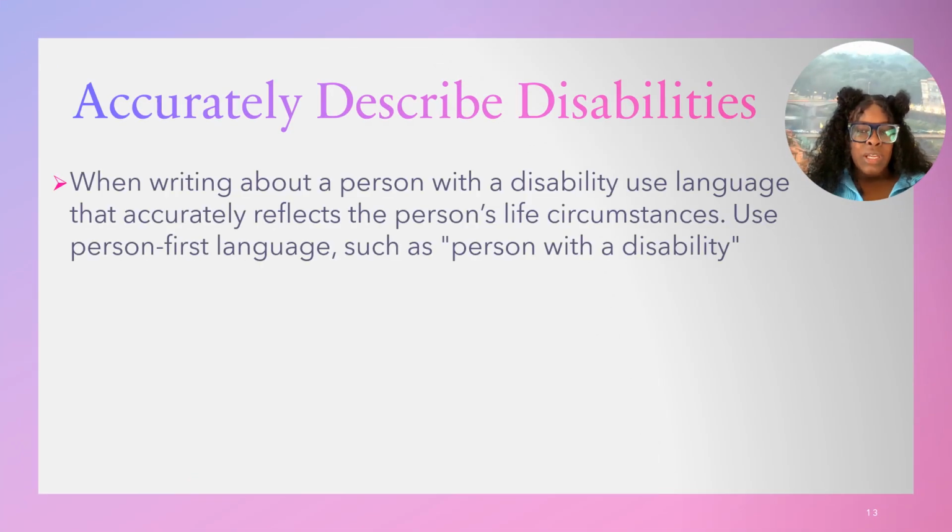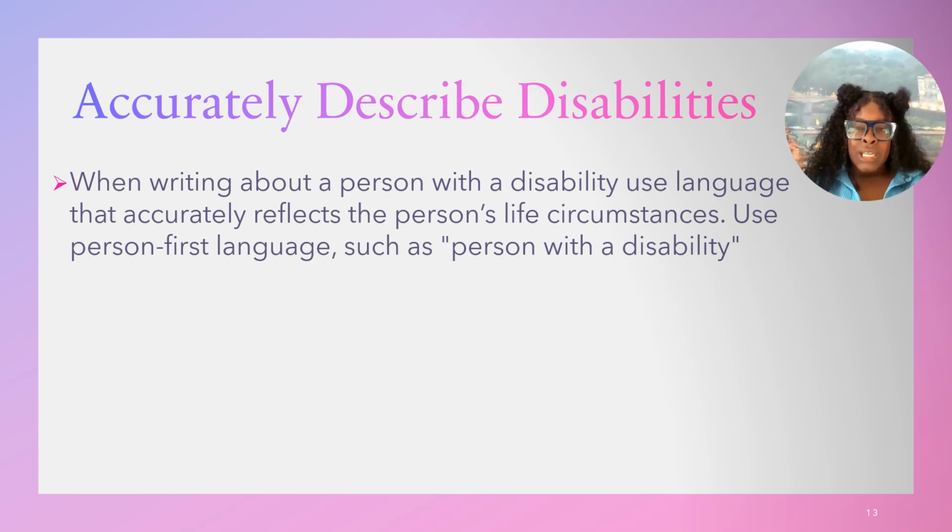Our notes should be free of language that may appear insulting. Therefore, when talking about clients with disabilities, we should use language that accurately reflects their circumstances. These individuals should be referred to as a person with a disability. The rule of thumb is to acknowledge the individual as a person before acknowledging their disability. This is going to prevent labeling them in a pejorative manner.